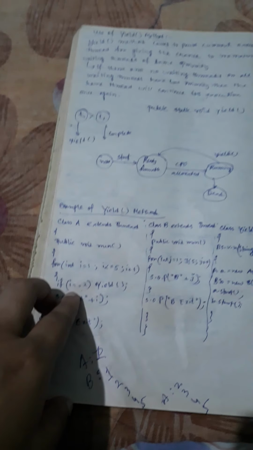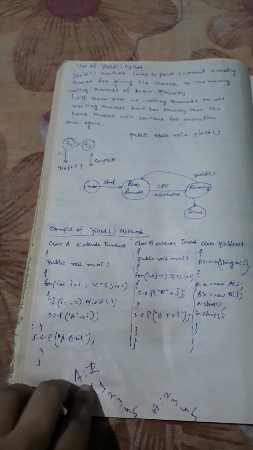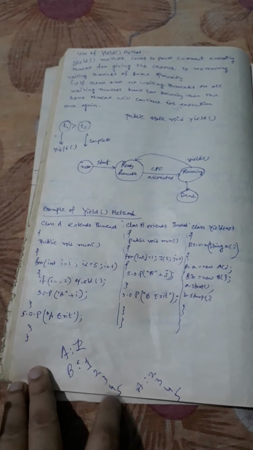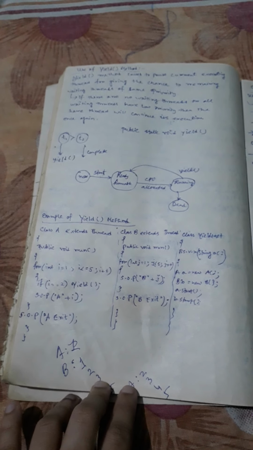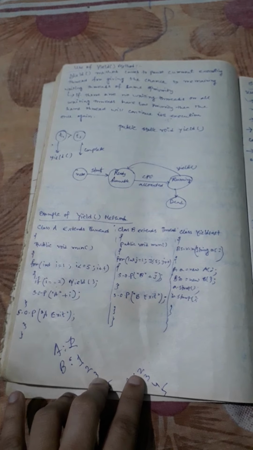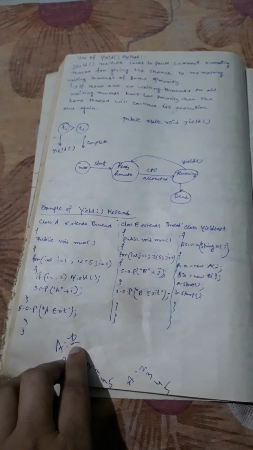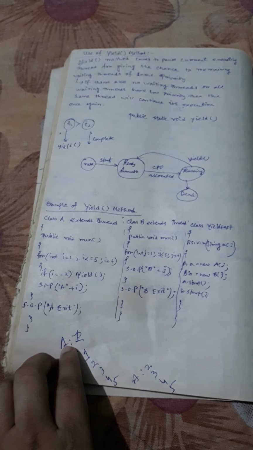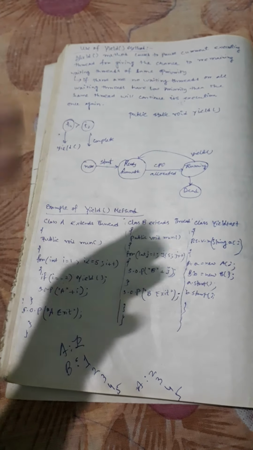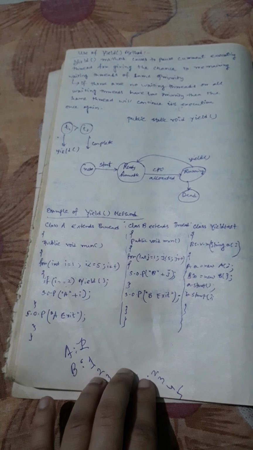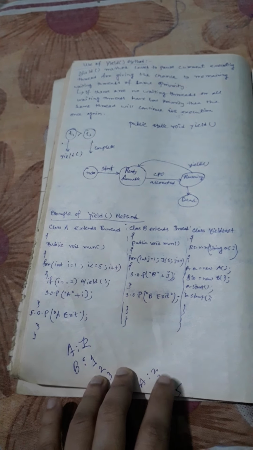So after B class completion, A will run again from 2, because after that 1 it switched to the B class. So A will be printed, then 2, 3, 4, 5.